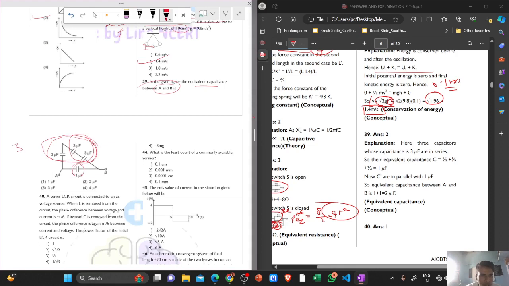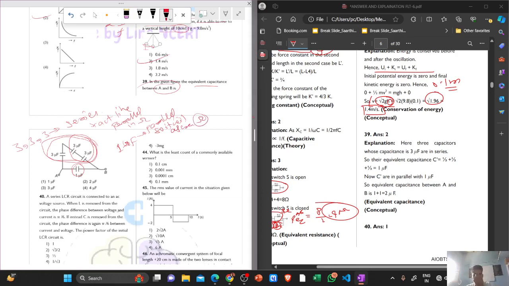So these three act like resistors in parallel, and the one microfarad is in parallel with it, acting as a series of resistors.